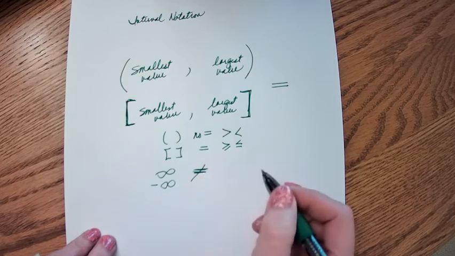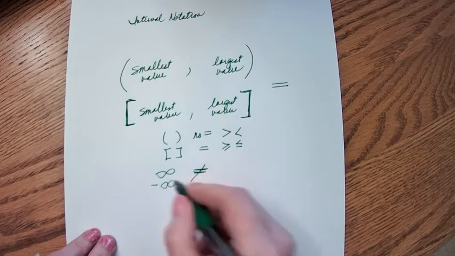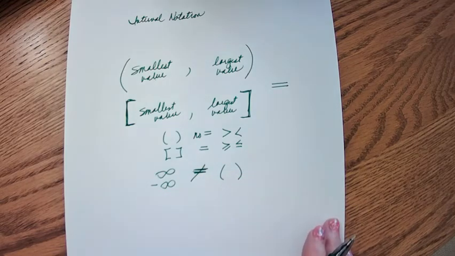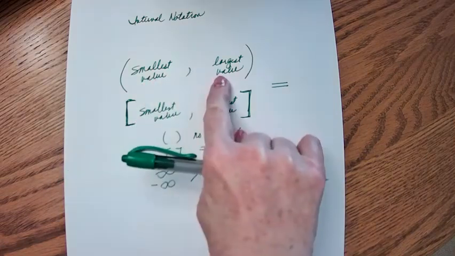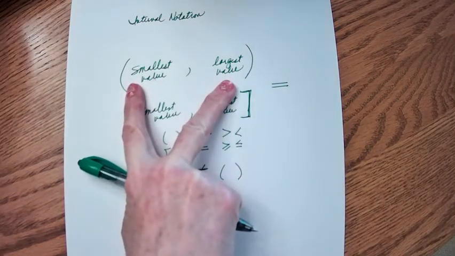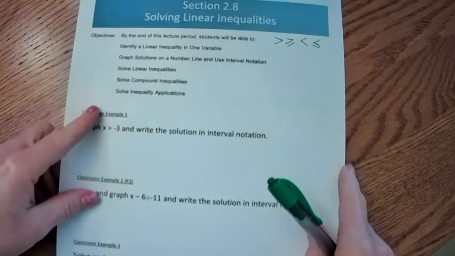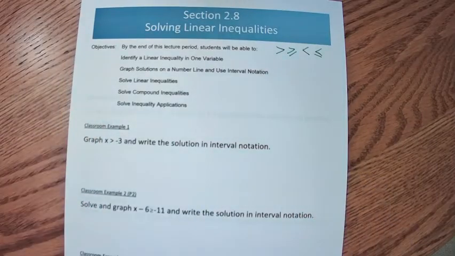It's impossible. So if you ever have infinity or negative infinity, it's always going to be a paren. So we're going from smallest to largest, and depending on if there's an equal sign, we might have a square bracket or a paren. The smallest separated by the largest by a comma.